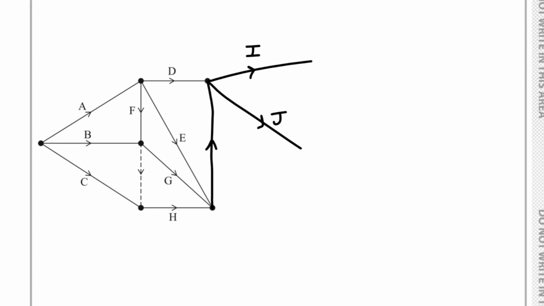So what we actually need here then is the dummy. So the dummy would go over here. So now that's satisfied.